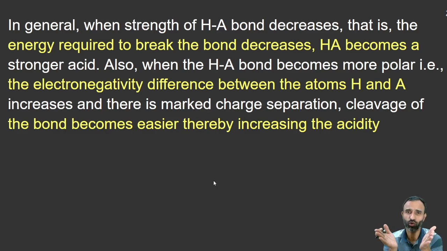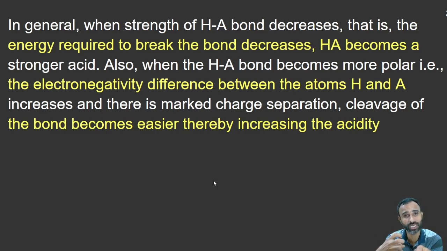Obviously, if electronegativity difference is more, then polarity increases, and H can donate its electron to the atom attached to it, because that atom is more electronegative and will attract the electron strongly.